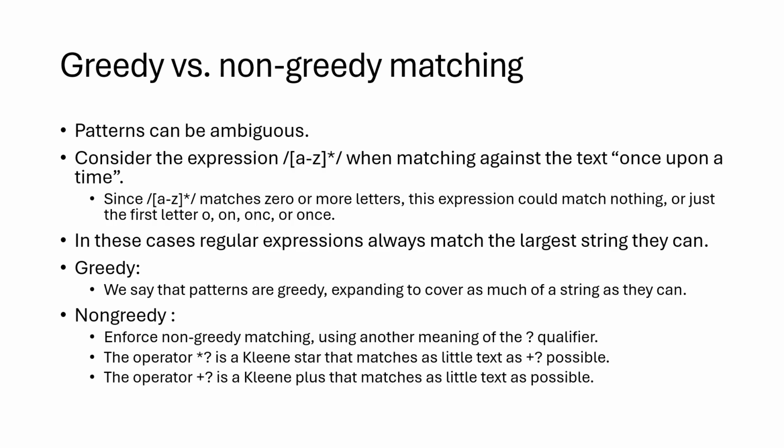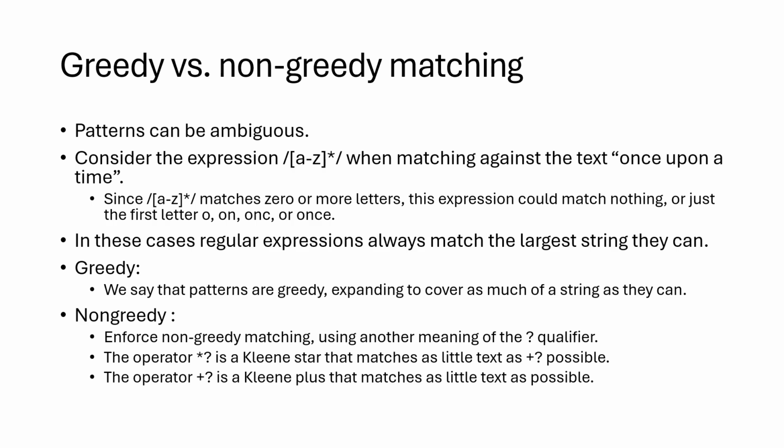Consider the sentence once upon a time. Here we have the matching pattern a to z star, which considers zero or more letters in an expression that will be matched to the given input string.